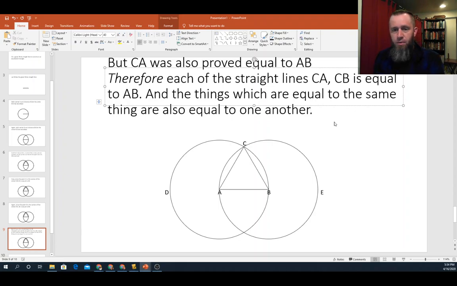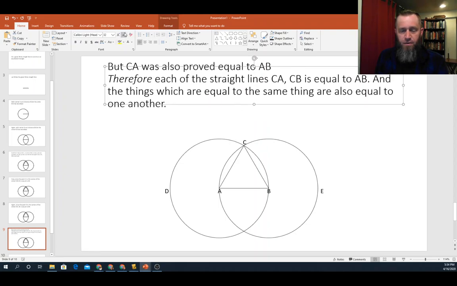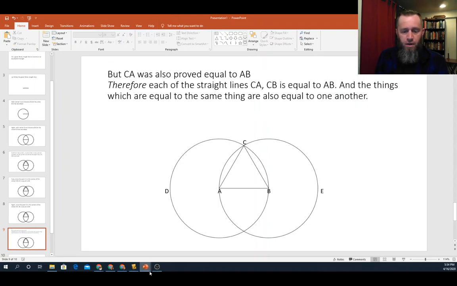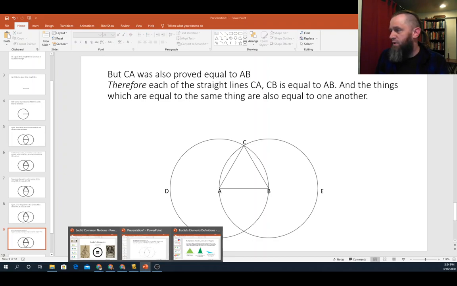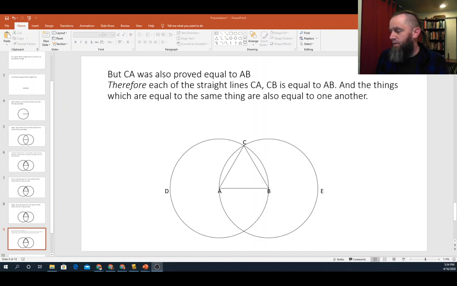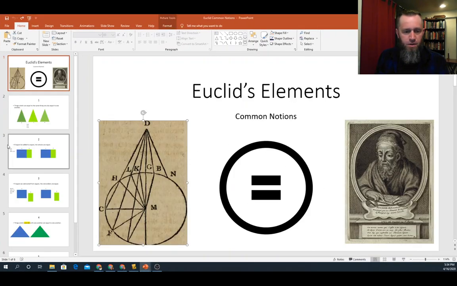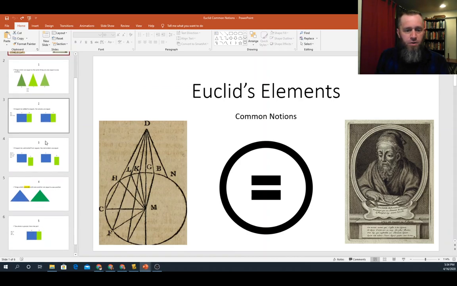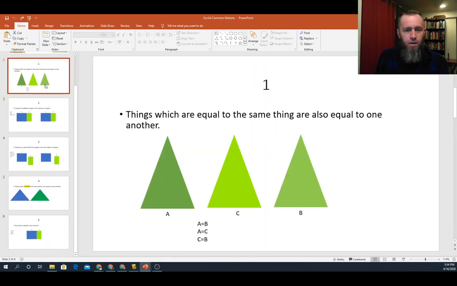Remember, that was one of our common notions. Let's make all this writing a little bit smaller so it can fit there. In fact, which common notion was that one? Let me look it up here for us real quick. Common notions: things that are equal to the same thing. Common notion number one.